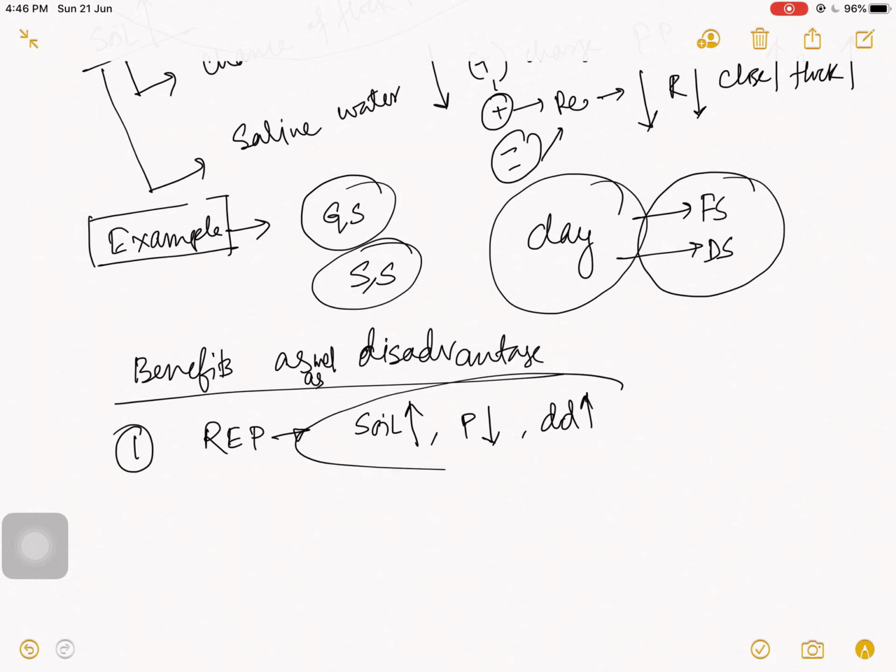So in that case, you do not prefer flocculent structure soil. So it is kind of a disadvantage. If flocculent structure soil is present, you cannot make this project. But yes, you can convert this flocculent structure soil to dispersed structure of soil.